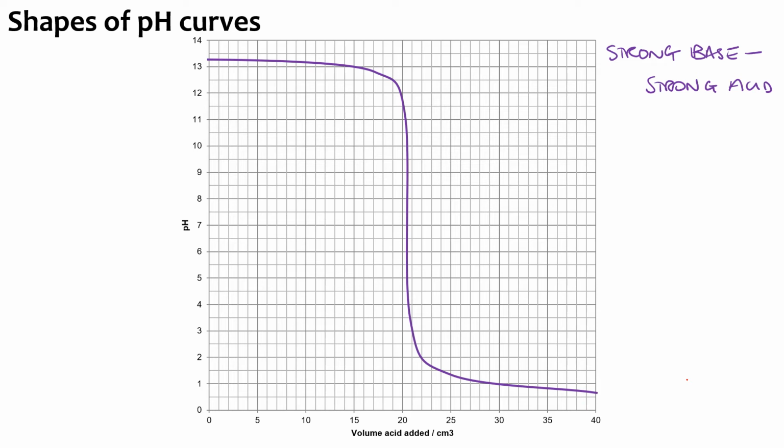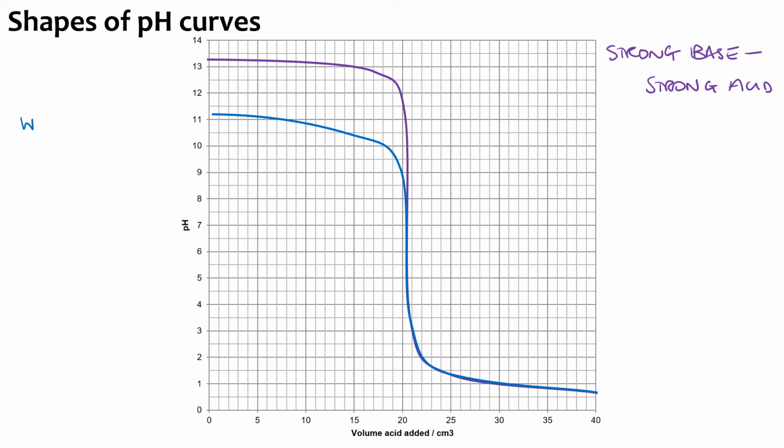Now, if we change the chemicals, the curve shape will change as well. So I'm adding on here a blue line, and if we look, we can see that we've still got a strong acid at the bottom, so still ending up with a very low pH. However, at the top we can see a lower pH that it starts off with. It starts off around pH 11 instead of pH 13 or so.